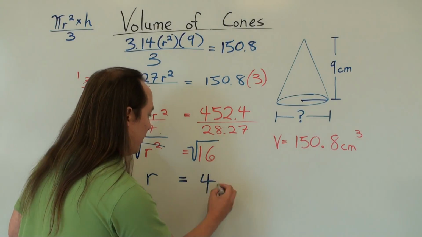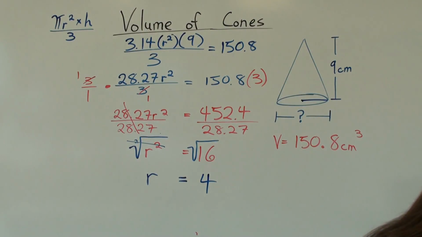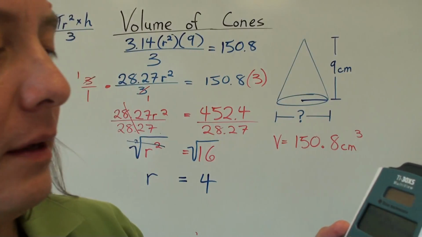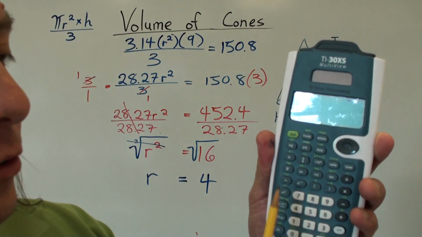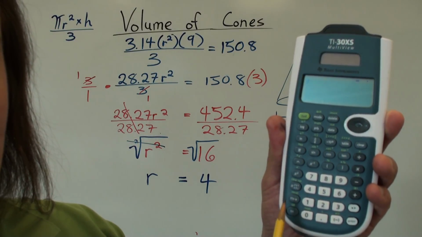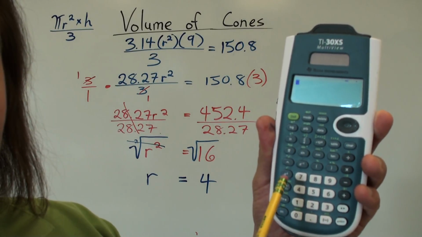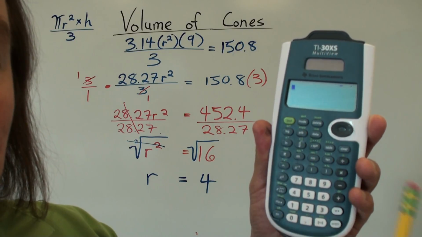All right, and I'll go ahead and do it on the calculator so you can see that real quick. On this calculator in particular, the square root symbol is basically this button that says x squared. I don't know if you guys can see that very well. But I don't want x squared, I want the function that's right above it written in green, and that's my little radical, and I have to put that first.